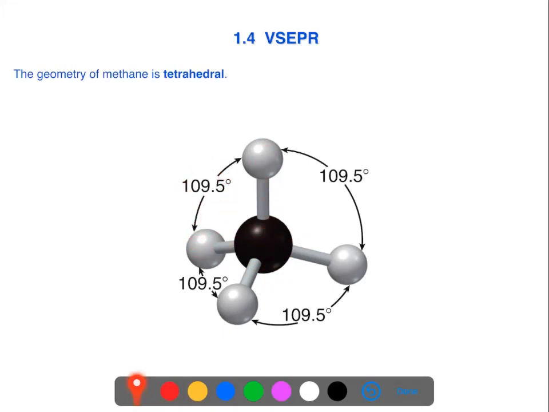And this is the same regardless of which 2 hydrogens you use to trace out that particular angle. So this hydrogen-carbon-hydrogen has the same angle of 109.5 as this hydrogen-carbon-hydrogen angle. And we see that in all 4 instances for methane.